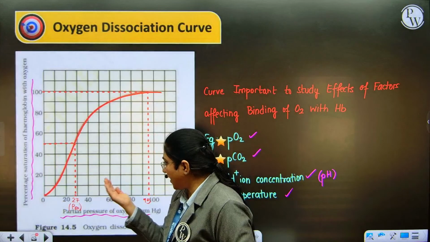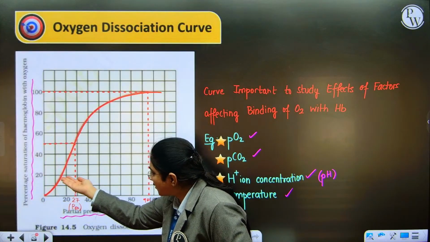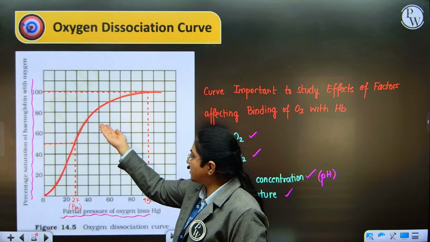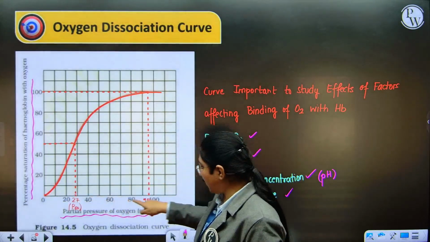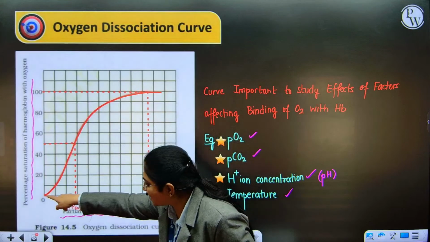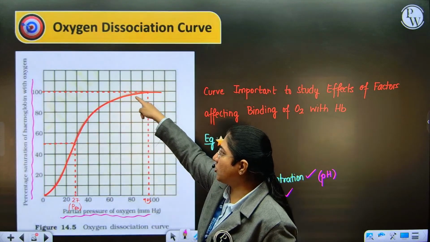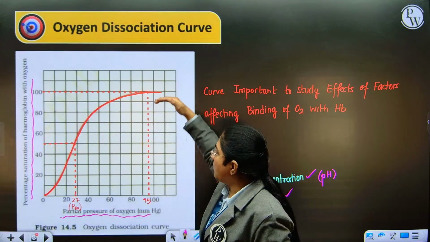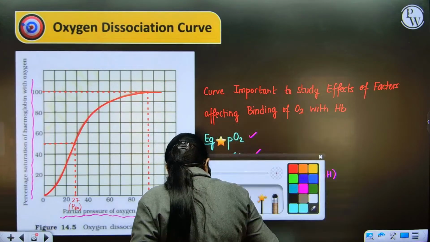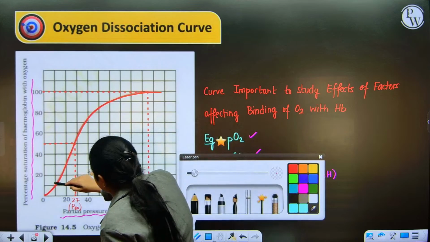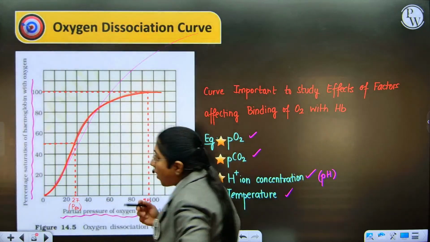Very good. So as it binds, you see that the hemoglobin keeps on getting saturated with oxygen. As we keep on increasing the partial pressure, the saturation of hemoglobin with oxygen increases. But it increases up to a particular point, post which we cannot have a graph which keeps on going like this. Why not, ma'am?